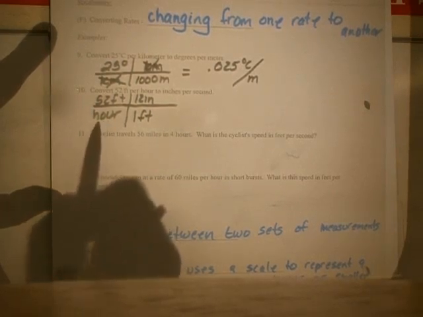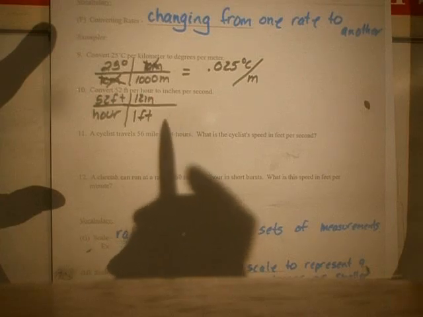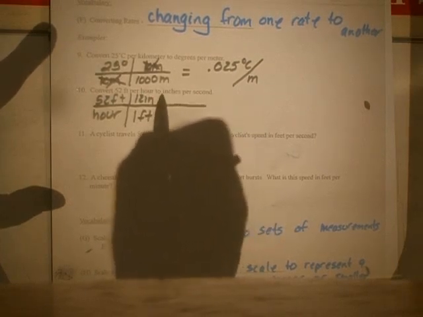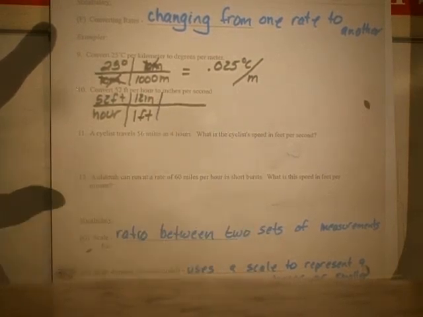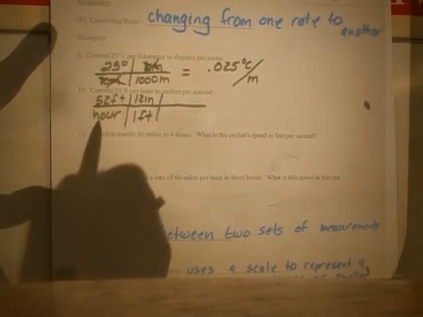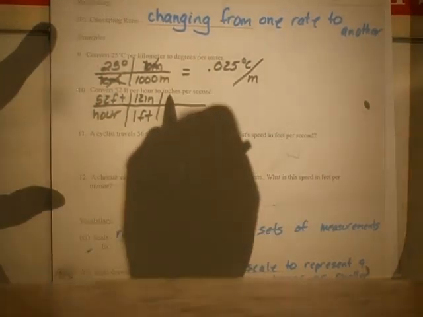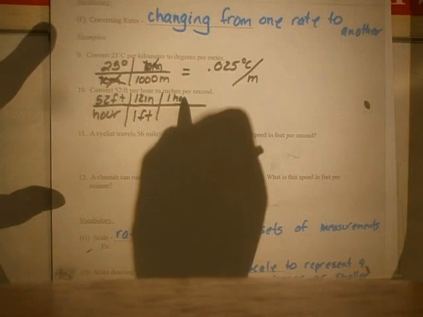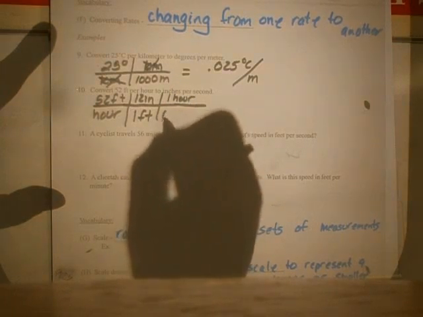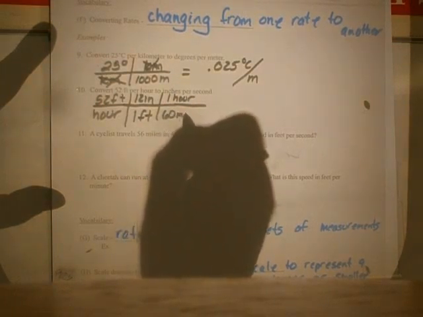And now we need to change from hours to seconds. I'm going to first change from hours to minutes, and then minutes to seconds. This hour is on the bottom of the fraction, so we're going to have 1 hour up here, which is 60 minutes.